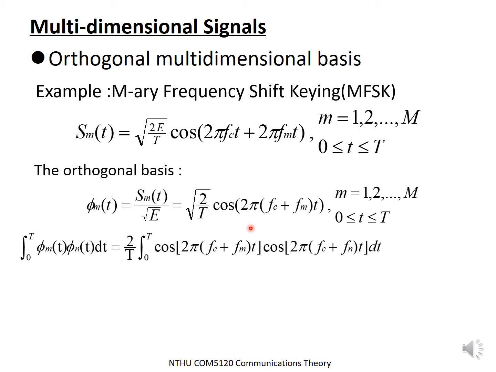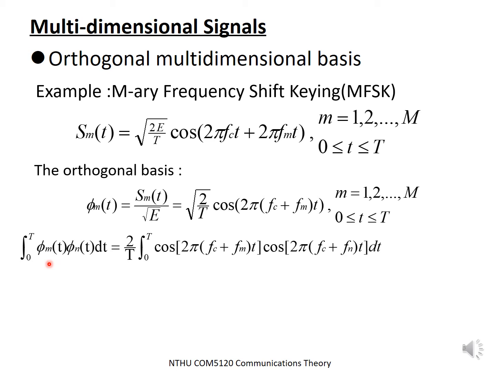To satisfy the orthogonal condition, it's not just any different waveforms. To construct this type of modulation, we need this set of m bases to be orthogonal to each other.